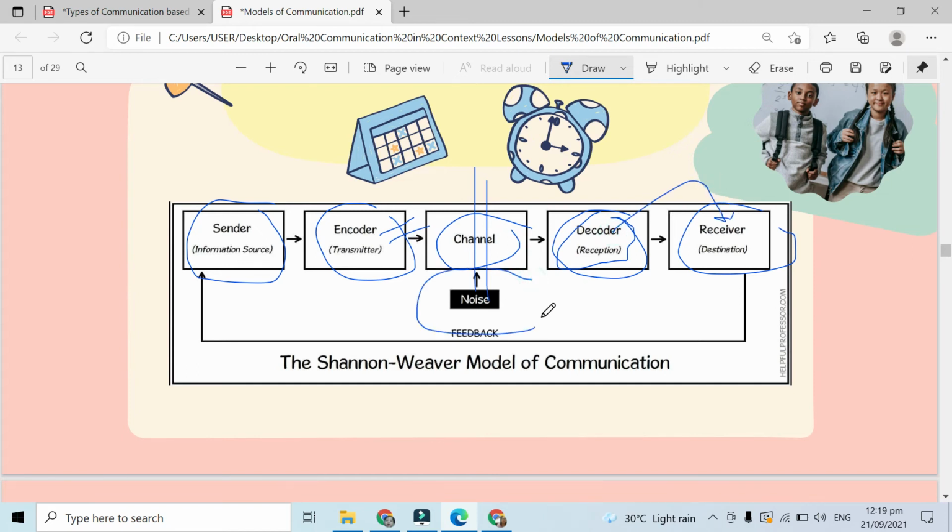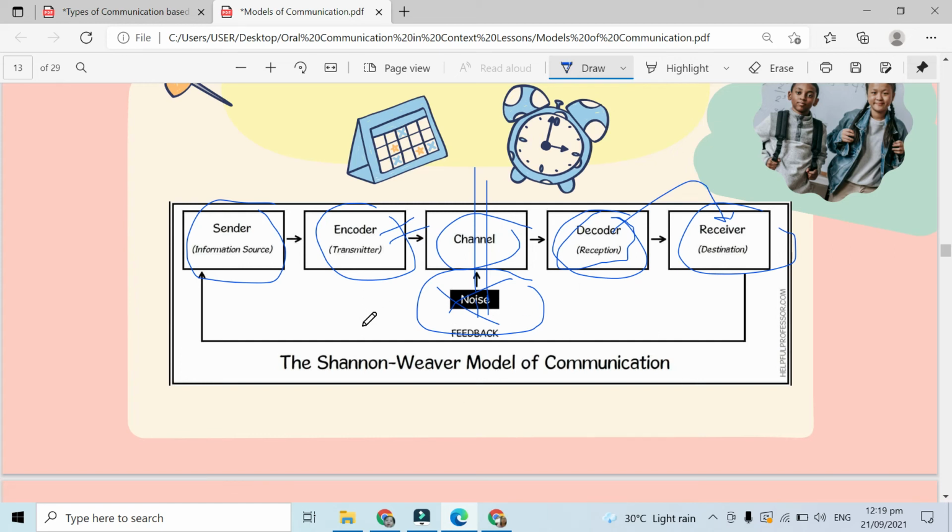Now here comes the noise. Say for example, you are having a Google Meet, and then suddenly your teacher disappeared. It made the message of the teacher disrupted because of the disconnection.